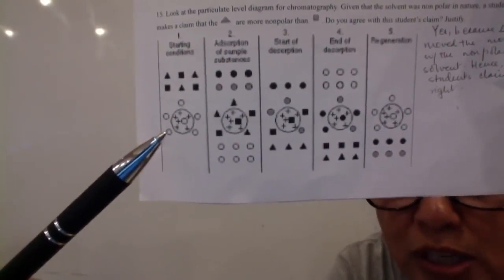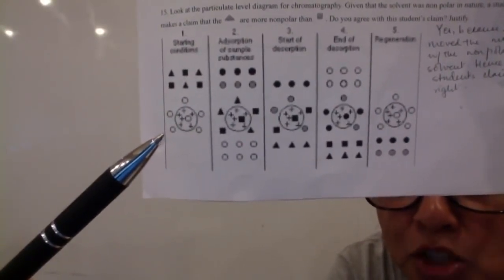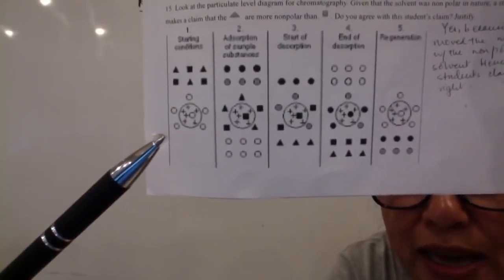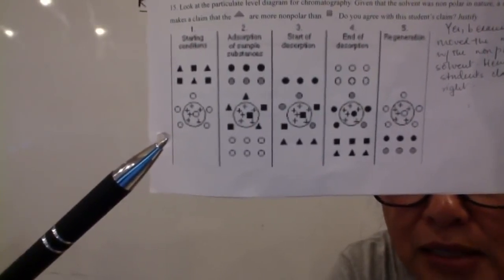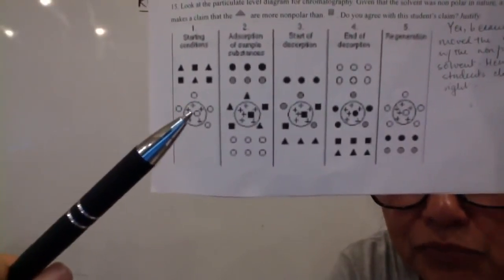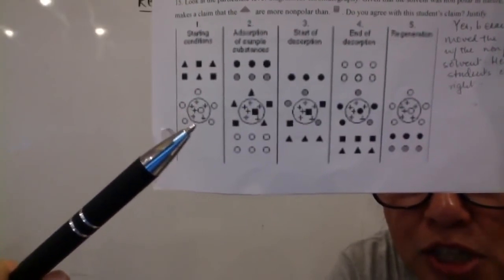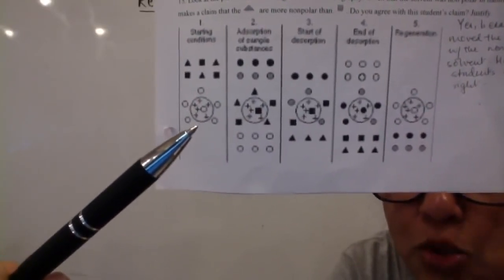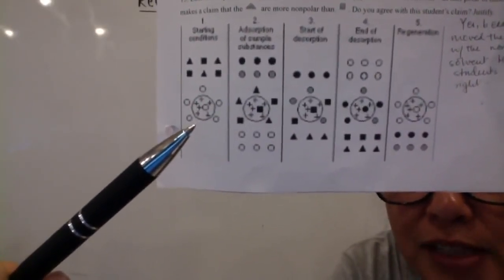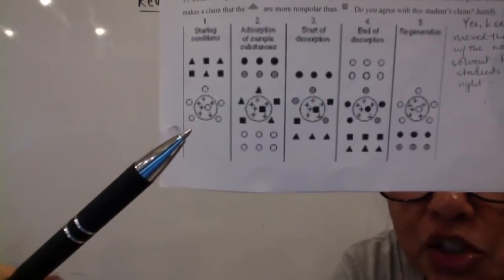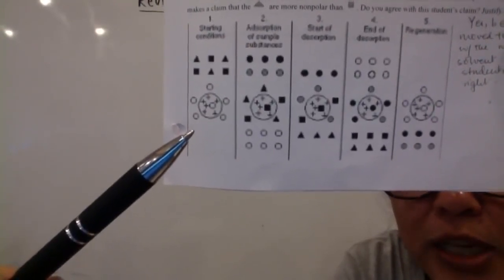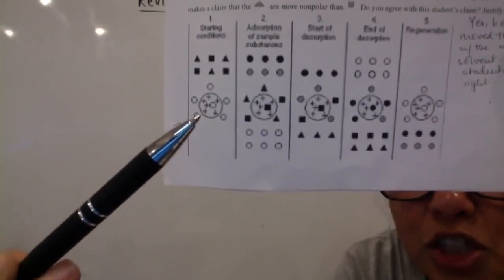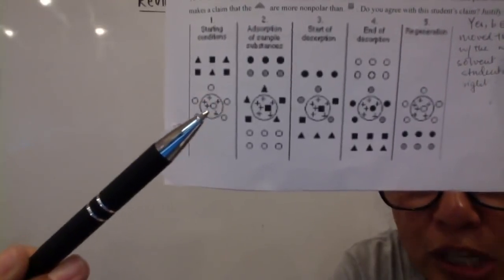Because you don't understand gel chromatography very much, you won't know that what is happening is you are charging the gel. If there is no charge on the stationary phase, all of the particles will just pass through it. So you want to create a charge. It is called charging the gel. That's what is shown here.